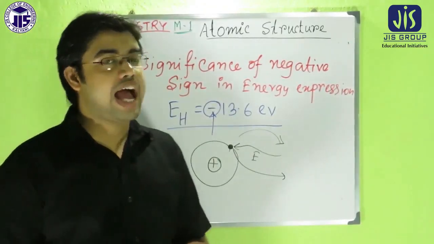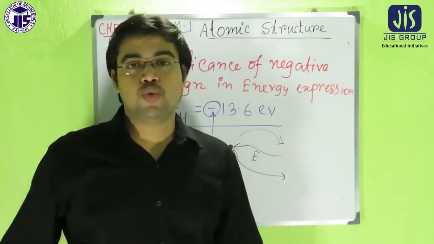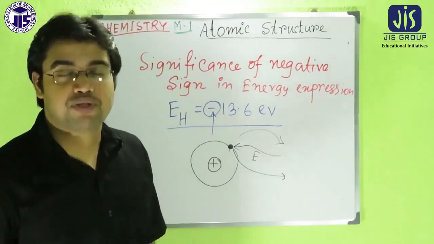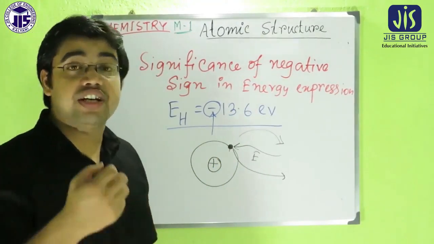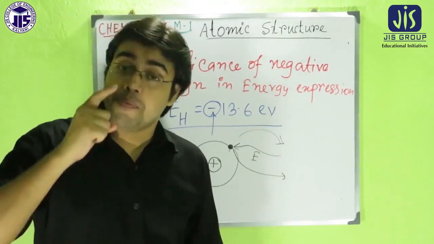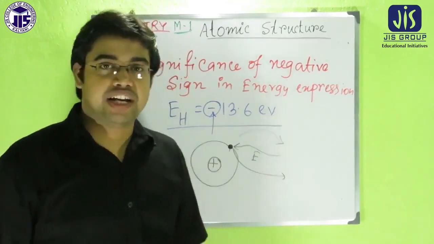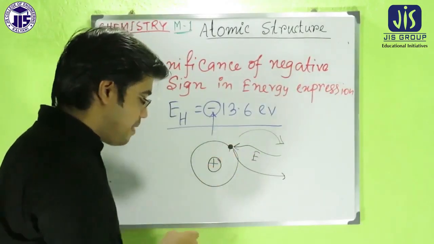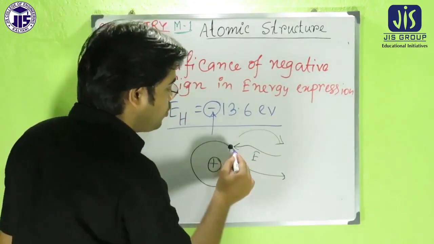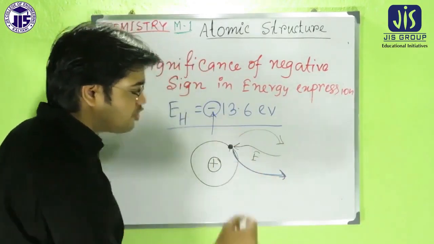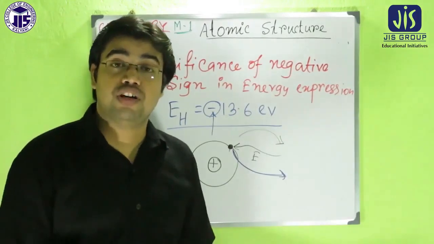So that is the significance of the negative sign. When we have to apply energy to an atom, that is taken as a negative sign. If we get energy from the atom, that means if energy is coming out from the atom, then it is taken as a positive sign. So you have to apply energy if you want to remove the electron from any orbit of the atom.